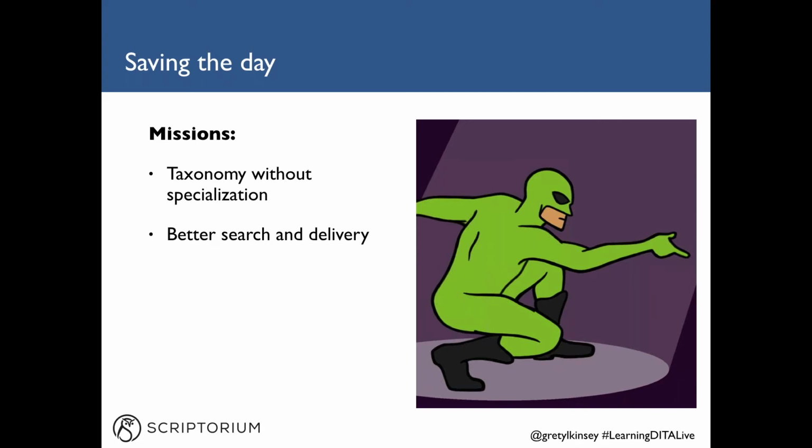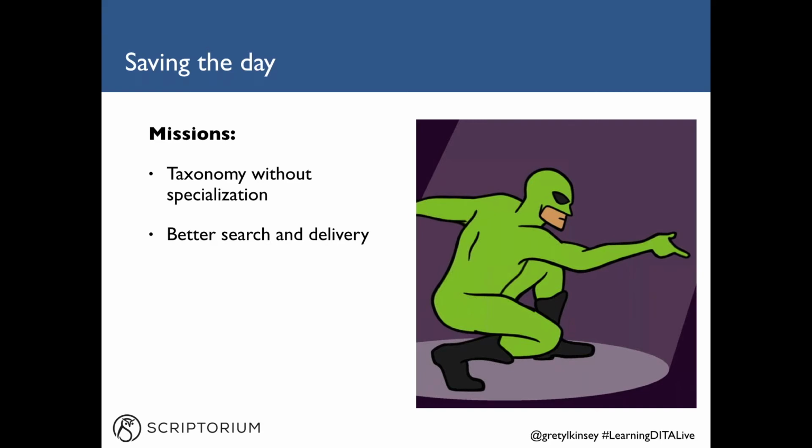So the more products that you sell and the larger and more complex that your documentation is because of that, the greater need you might have for a taxonomy just to make findability of your content manageable. And then what do I mean by taxonomy without specialization?